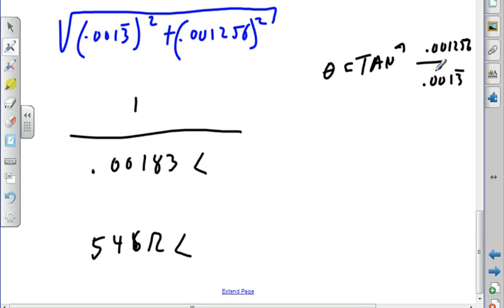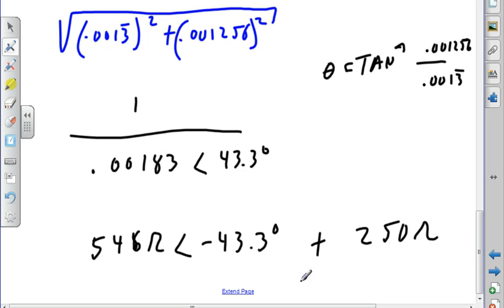I'm trying to figure out what that angle is now. 0.001256 divided by 0.0013333333 equals, and I need the arctangent of that. So it's going to be minus 43.3 degrees, because this is going to be plus 43.3 degrees. Plus, I have to add in the 250 ohms that I have in series.